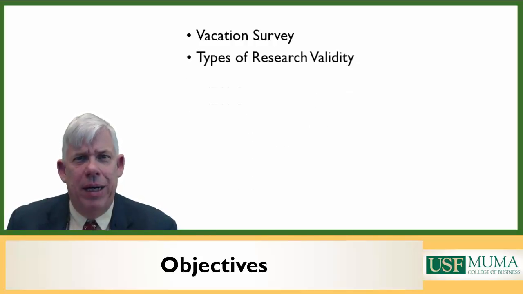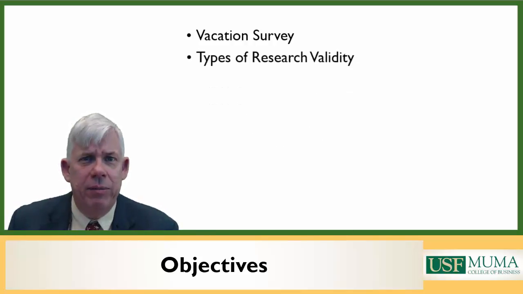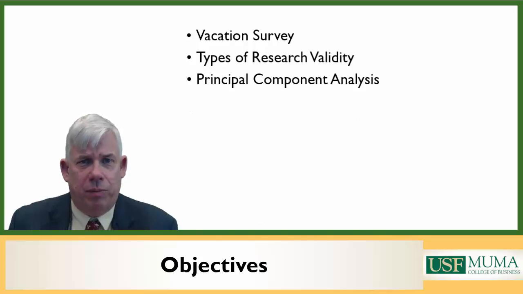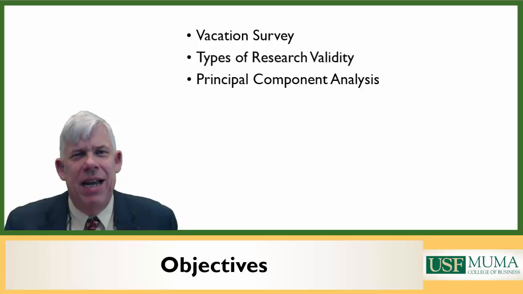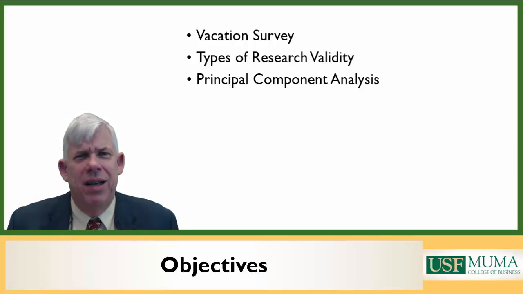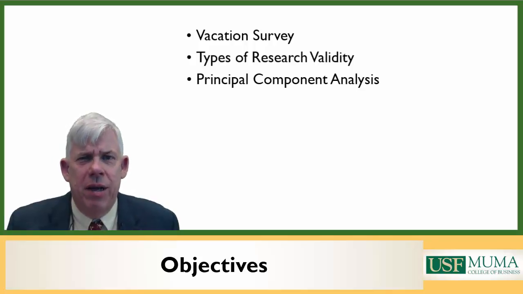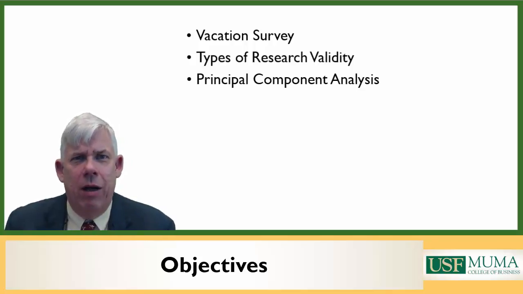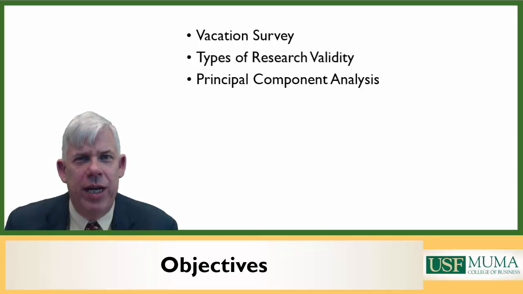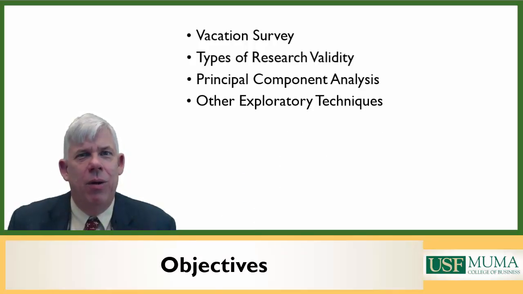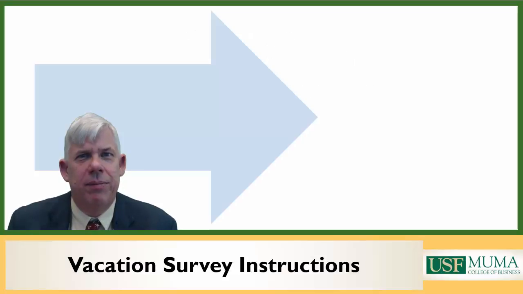We'll then talk a little bit about the nature of research validity. We'll talk about principal component analysis as an example of a way that we might try to compress too much information into something a little more manageable that might ultimately be the basis of a theory or a conceptual scheme. Then we'll briefly talk about some other exploratory techniques.